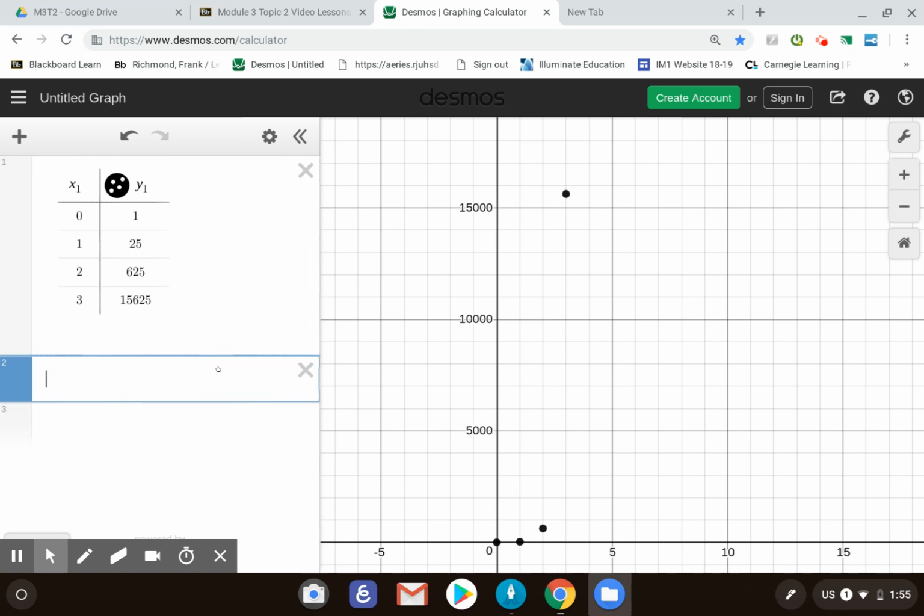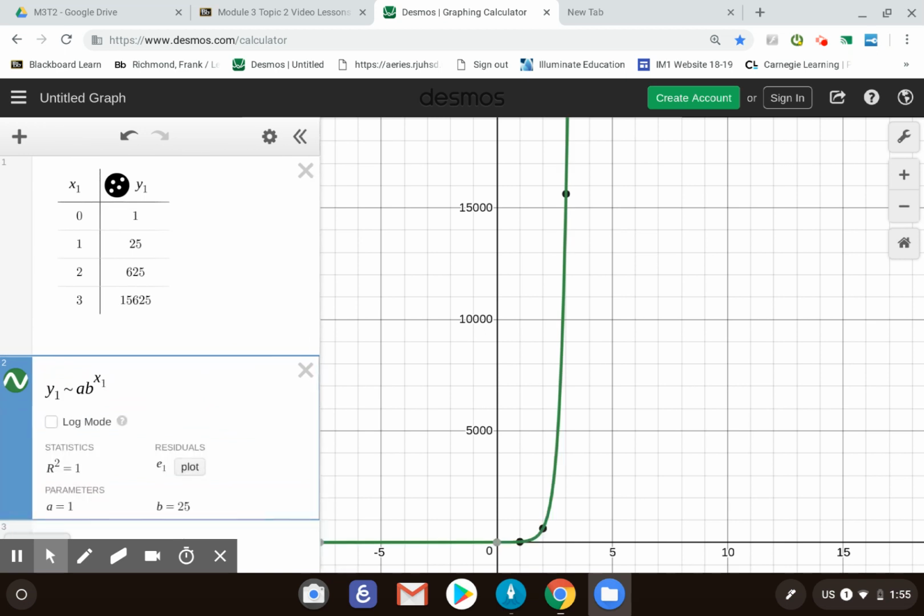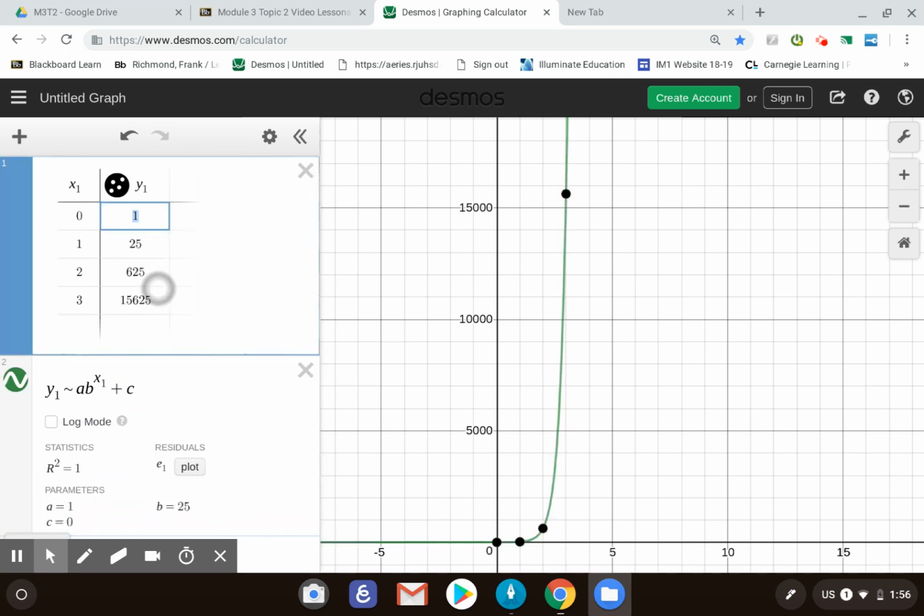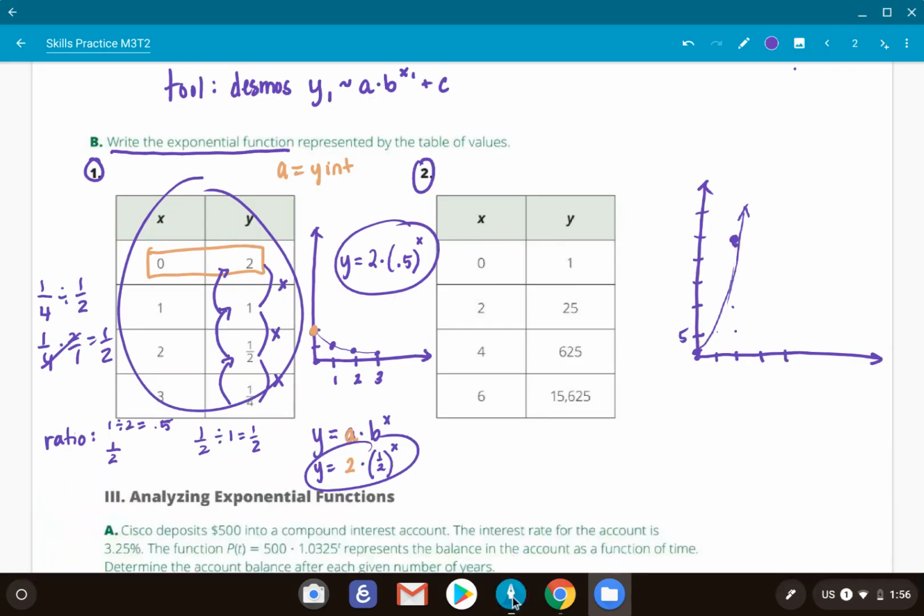And I'm going to use my exponential model. And I see my A value is 1 and my B value is 25. So I'm basically multiplying by 25 to get from one value to the next.